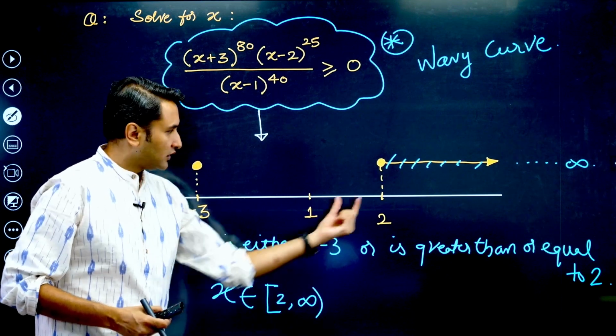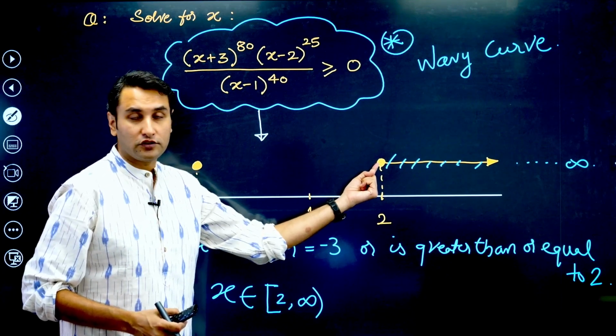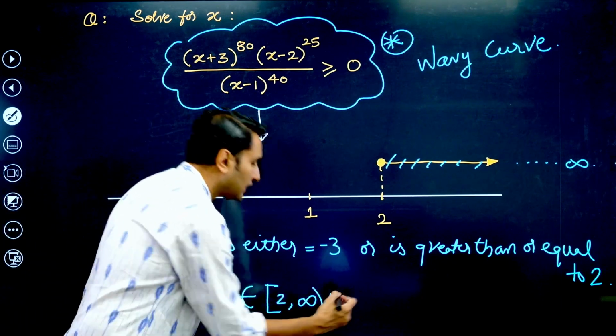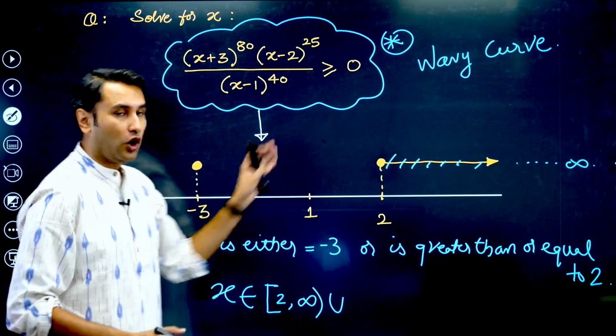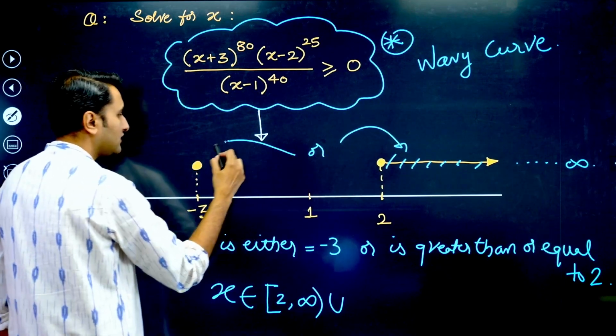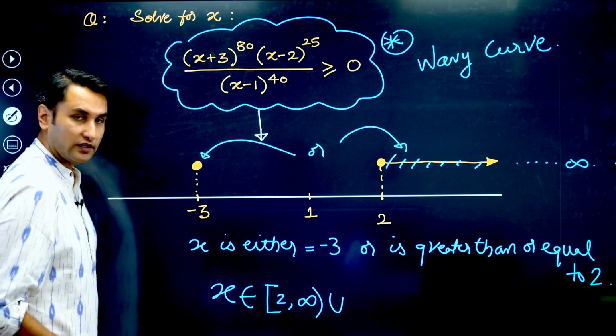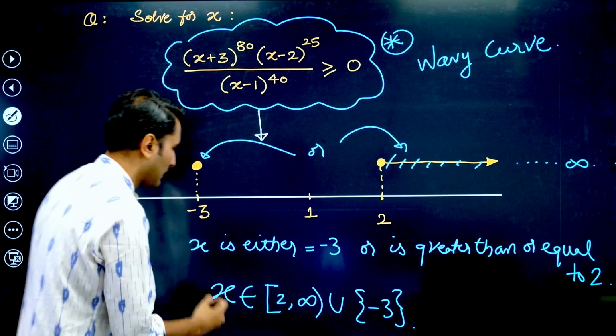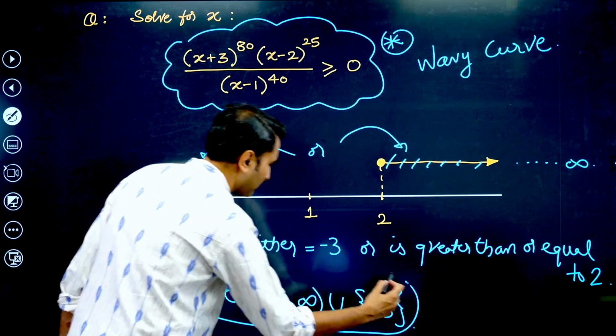Open bracket. At 2, because it is closed here, you can include 2, so close bracket at 2. But either it lies here or it is this single number -3. So union the single number -3.